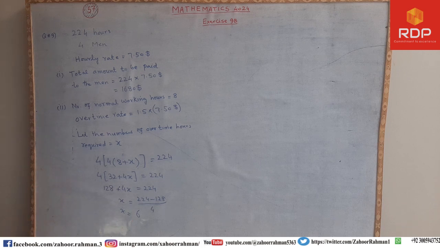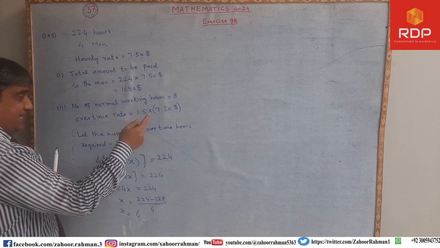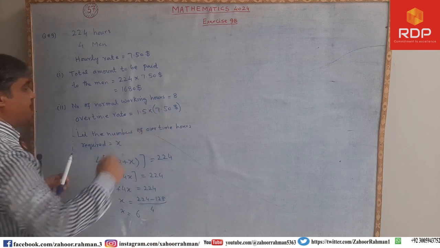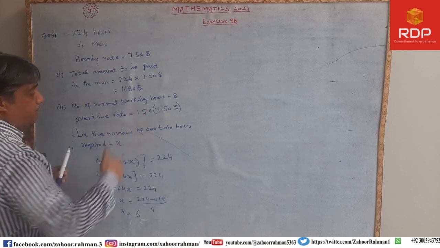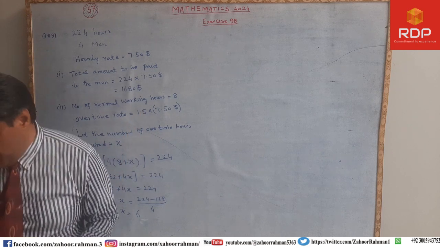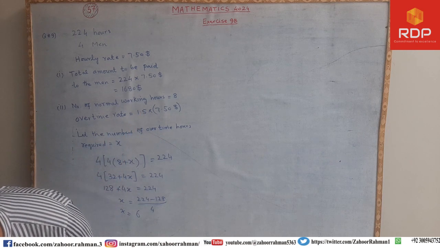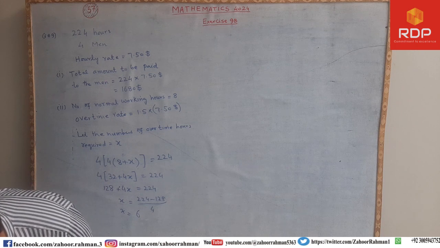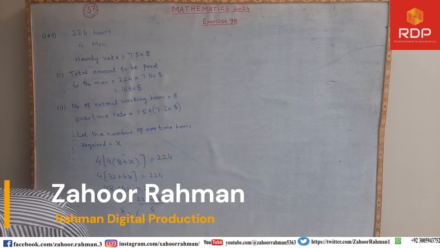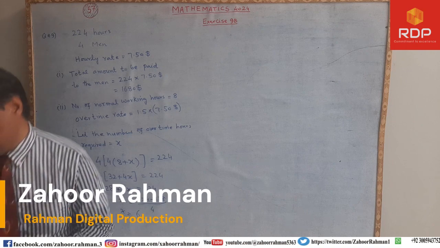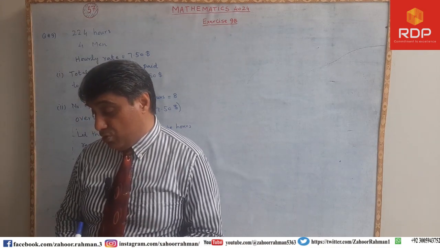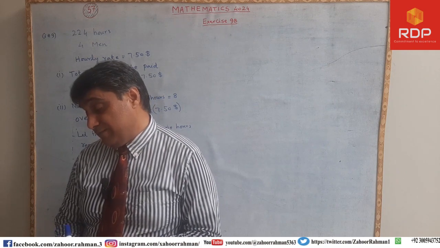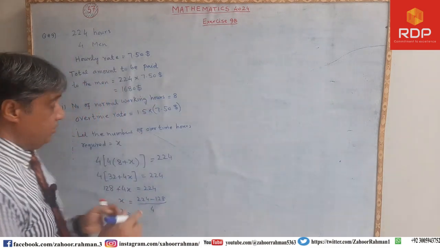They told us that the normal rate is $7.5, but 1.5 times we have to calculate, if I am not wrong. So let me see, the overtime hourly rate will be equal to 11.25.